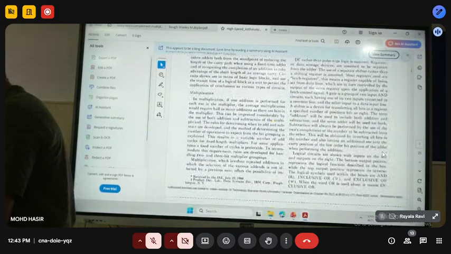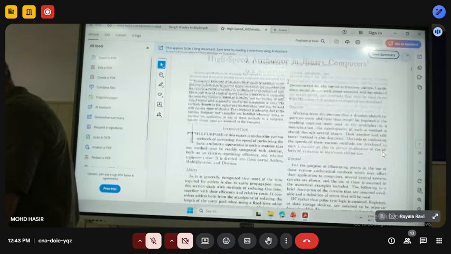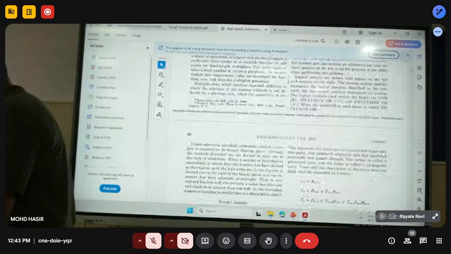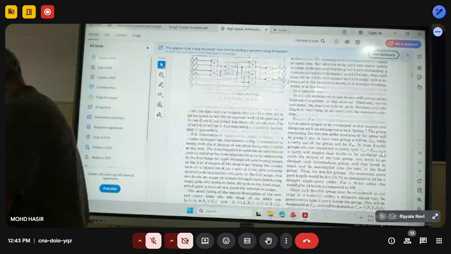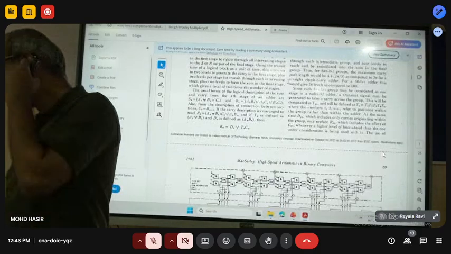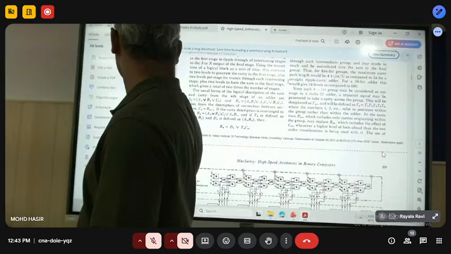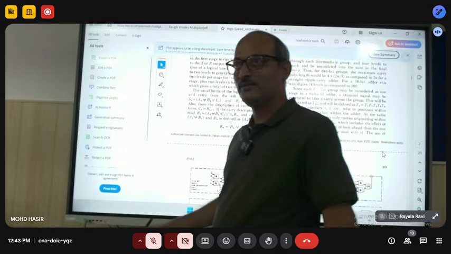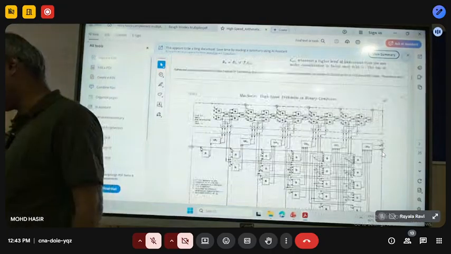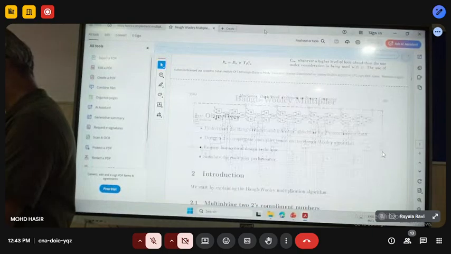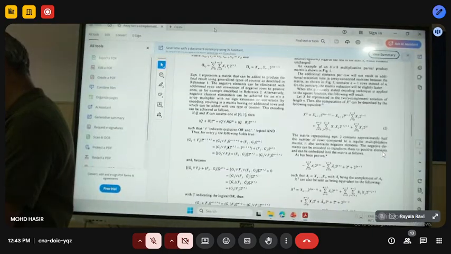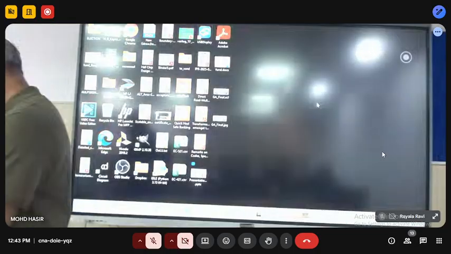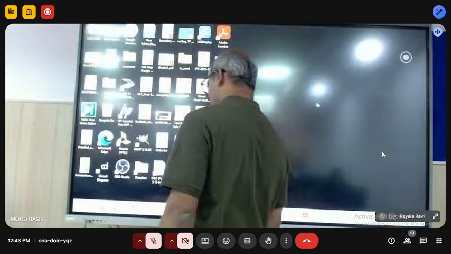So these all papers have come in the side multiplier or something. Overflow detection. So don't restrict yourself to read from any particular paper or any particular book. High speed binary arithmetic. I don't know. But you can see the date of publication. Okay, if you look at this, when is it published?